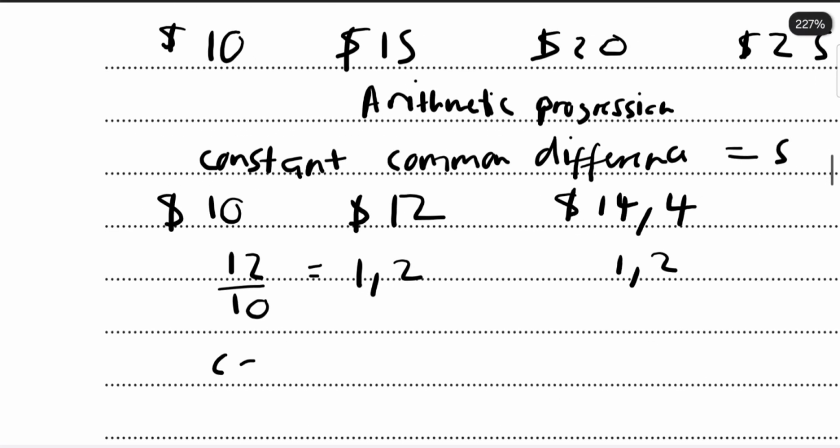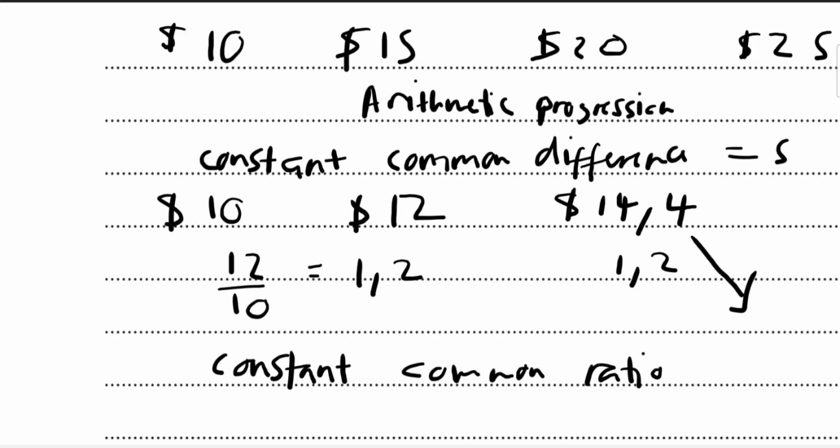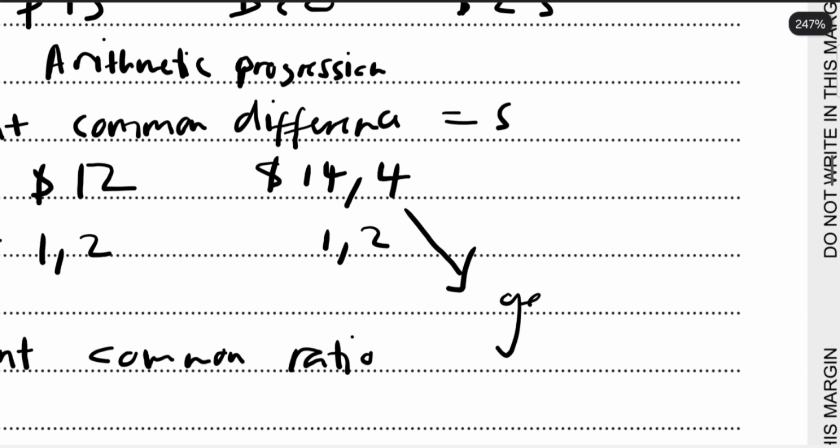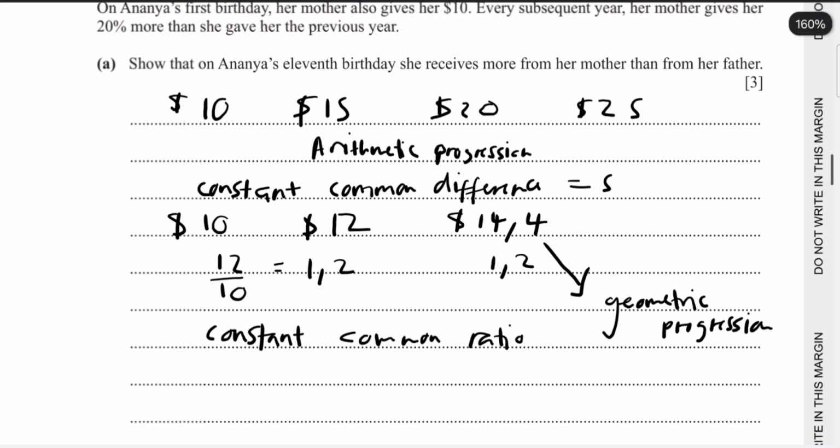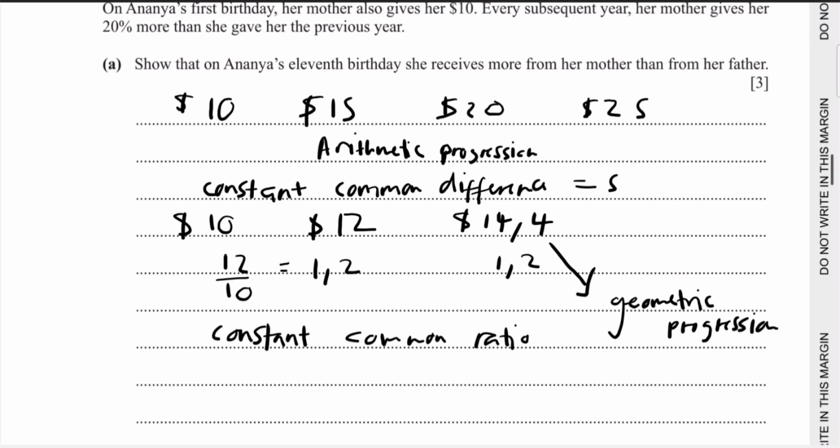So there is a constant common ratio, meaning this follows a geometric progression. Right? A geometric progression.